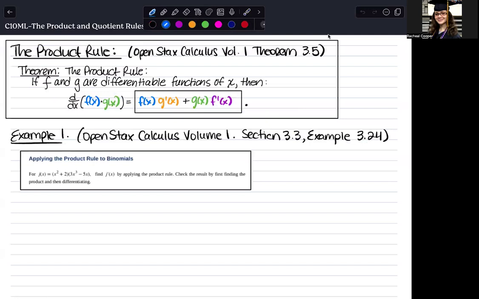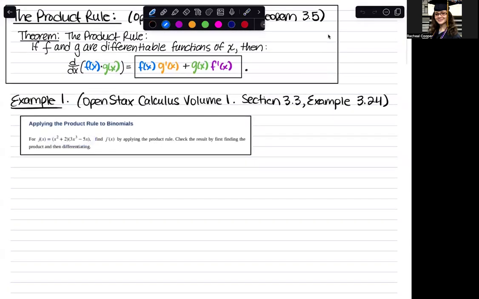Applying the product rule to binomials. Here we are given a function j of x that is a product of two binomials, actually. And we are asked to find j prime of x. So when we are asked to find j prime of x, we will write it like this, and we will differentiate j of x. So I'm going to pick up this function j of x, and I'm going to put it right here inside that derivative operation.